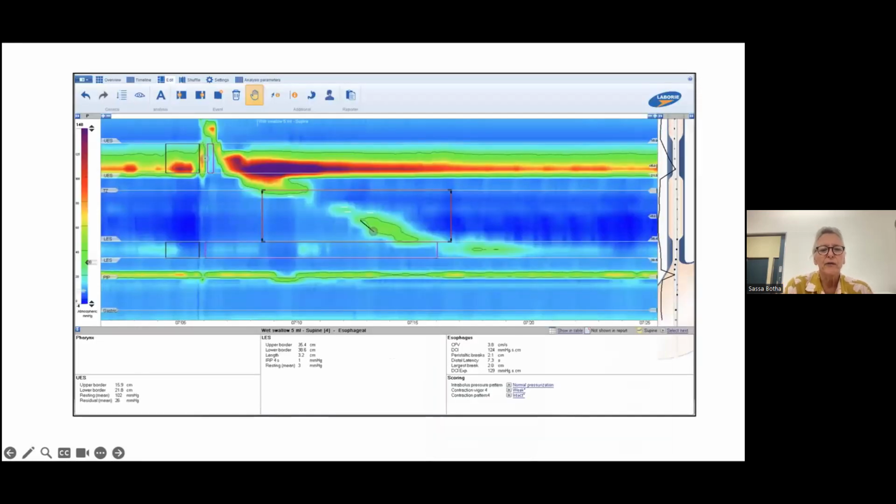Okay, so here we've got, what can you tell me about this tracing? Let me have a look. So the IRP is very low. It's 1. Yeah, that's fine. There's almost no peristalsis.